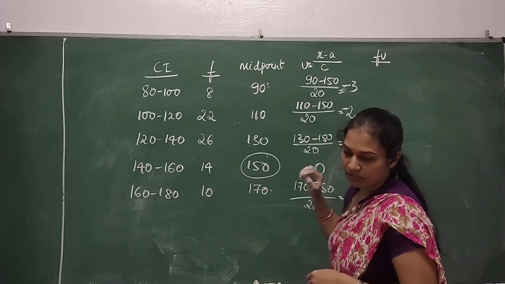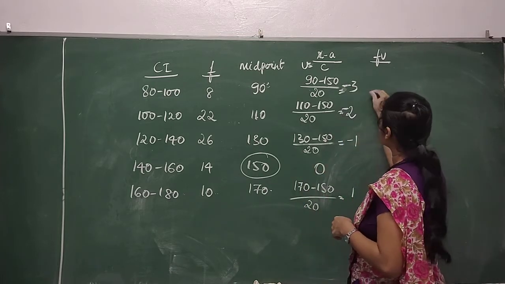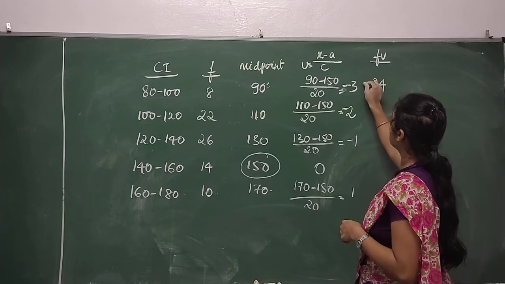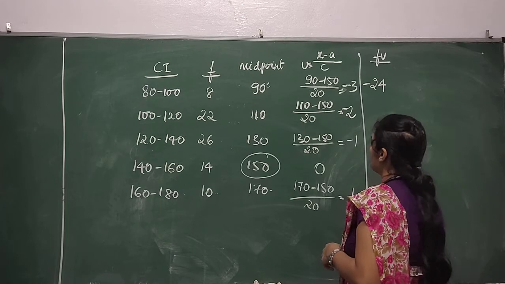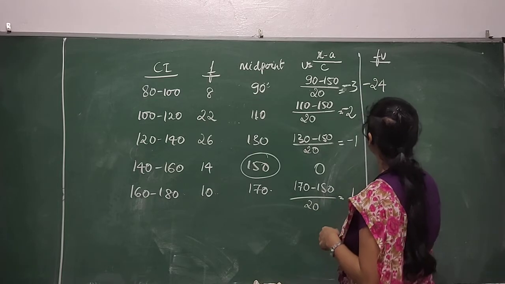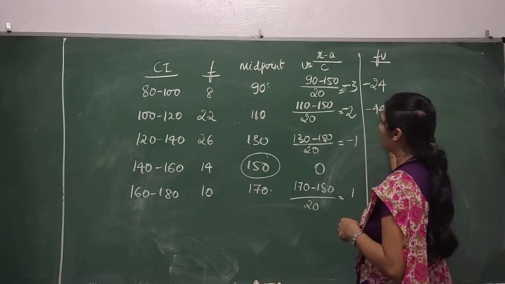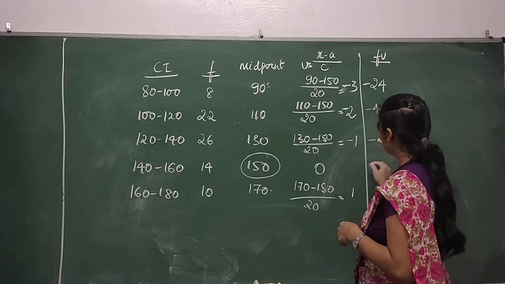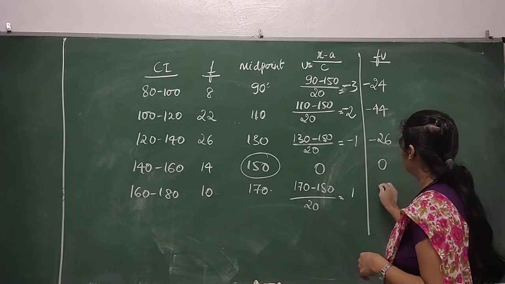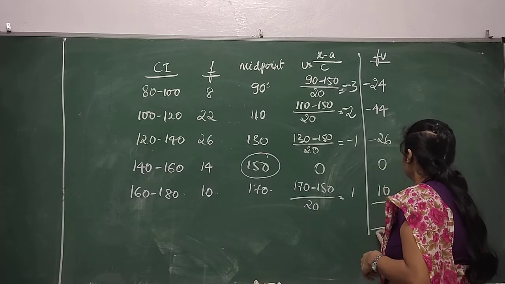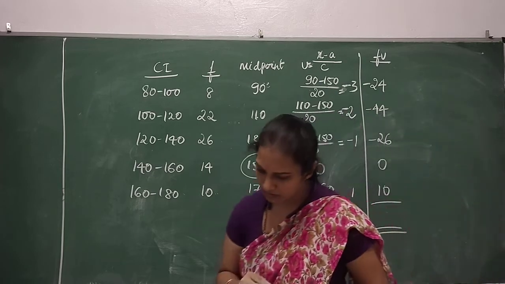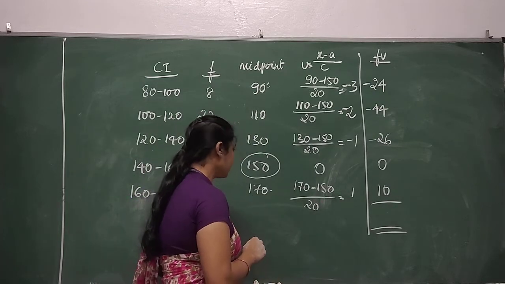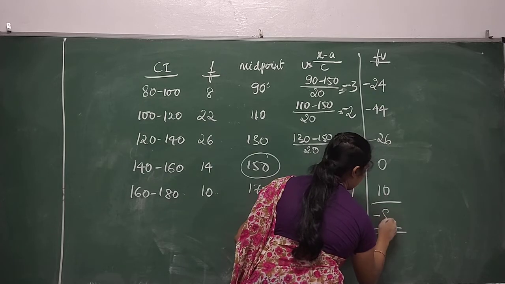What is 8 3s? 24, it is minus 24. 22 2s, that is minus 44. 26 1s, that is minus 26. 14 0s, that is 0. 10 1s, that is 10. So tell me the total. It will come around minus 84. Okay, minus 84 is the total.